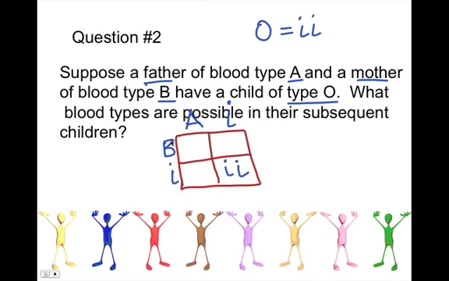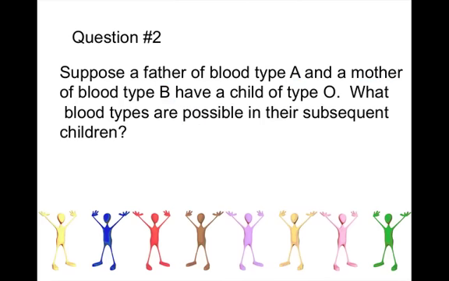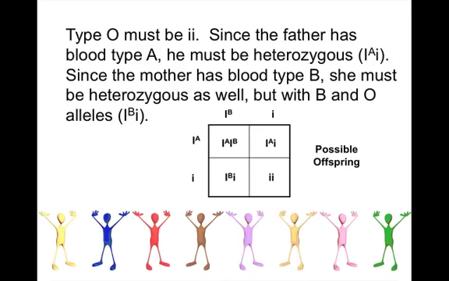So then your possibilities for your children are going to look like that. Type O must be 2 little i's, which you've got down here. So it's the same Punnett square.